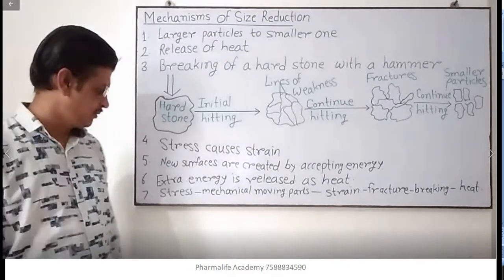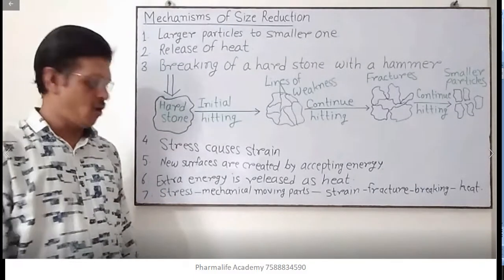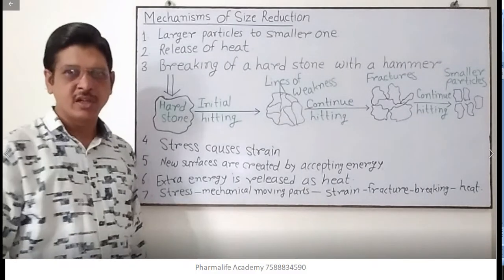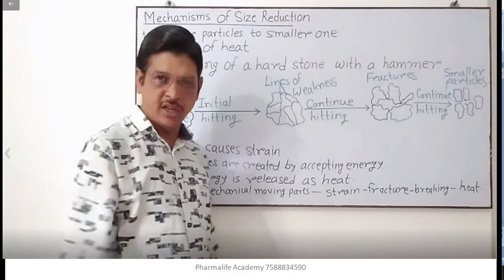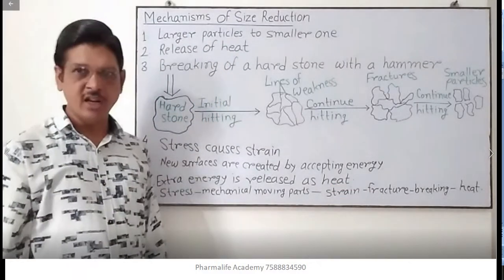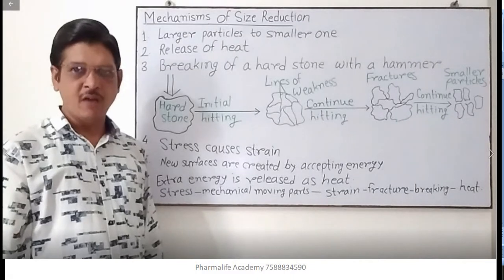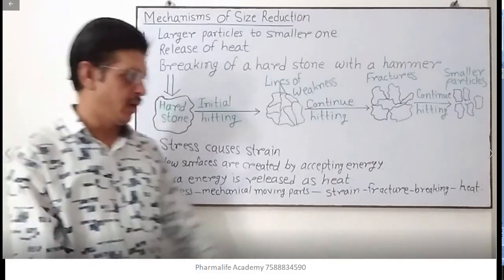In size reduction, stress is applied on material by the action of mechanical moving parts in a machine, which creates sufficient strain in material, leading to propagation of fracture in material particles, and finally the particles get broken down with the release of heat.